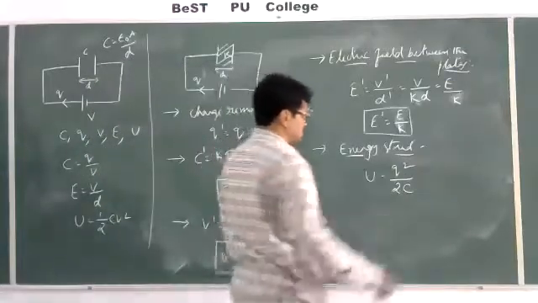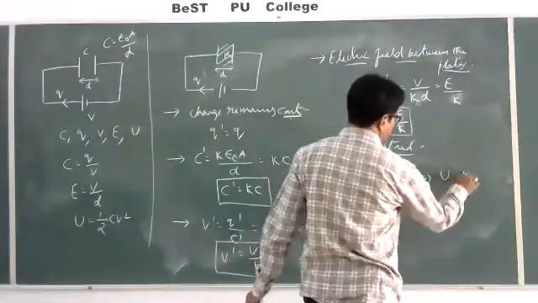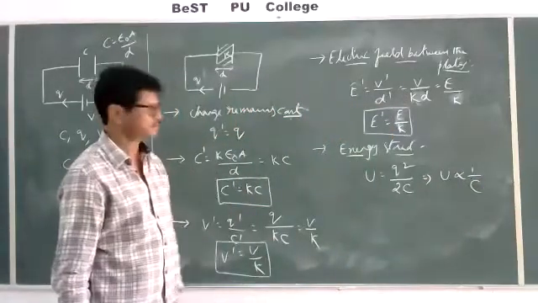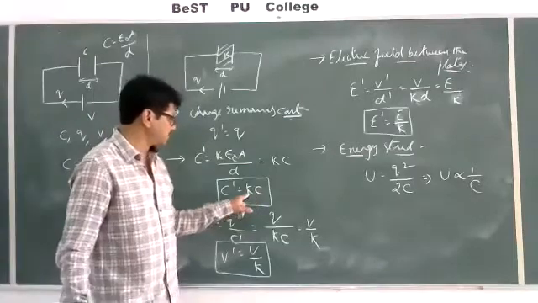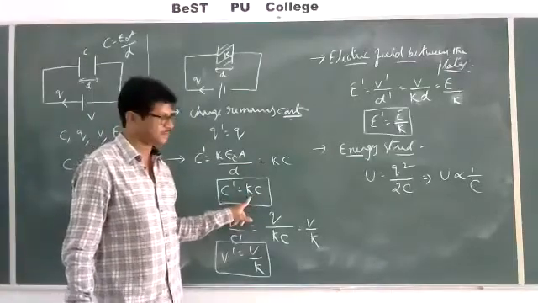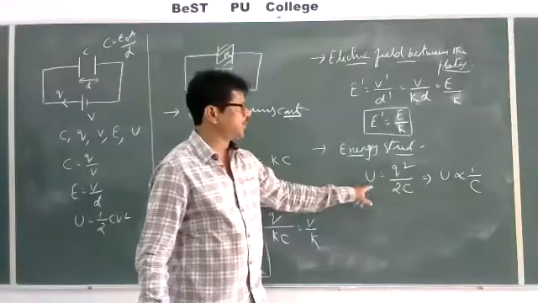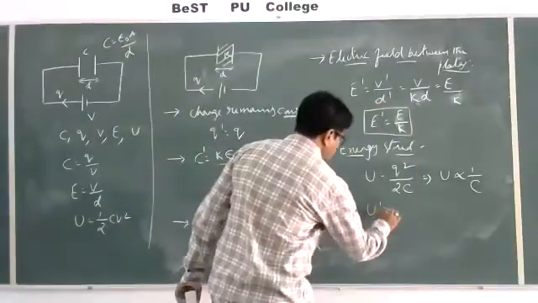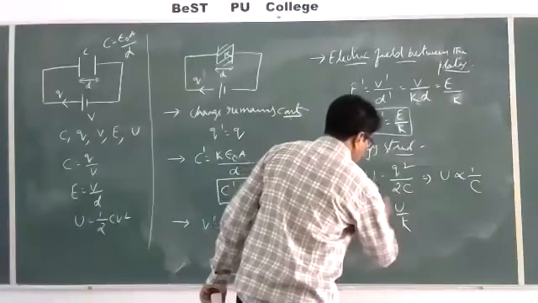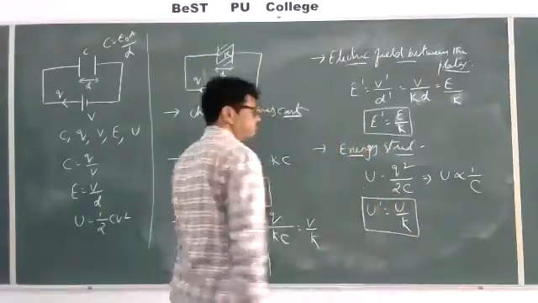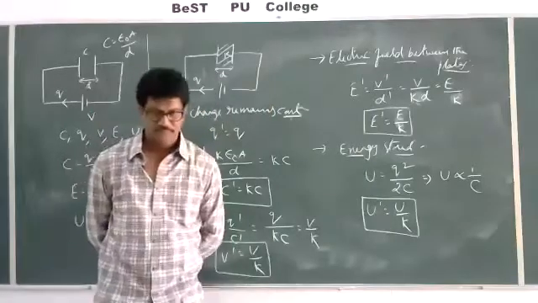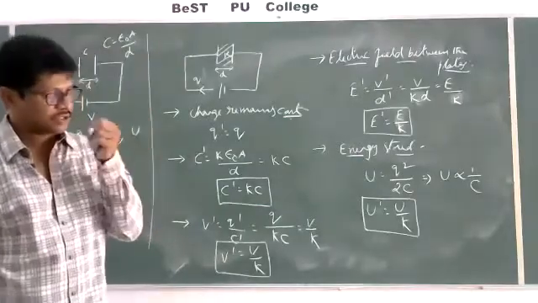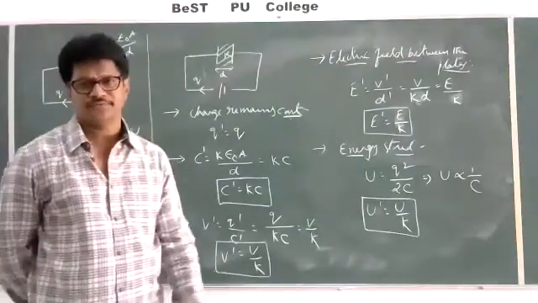Since Q is constant, U is inversely proportional to C. Since the capacitance increases to K times, obviously the energy stored decreases to K times. Then the new energy stored is U dash is equal to U by K. The energy stored decreases to K times.